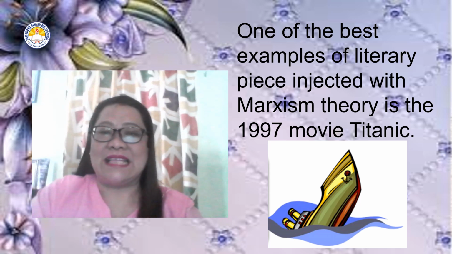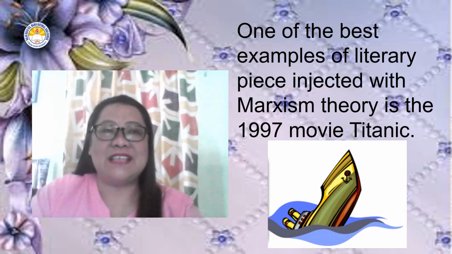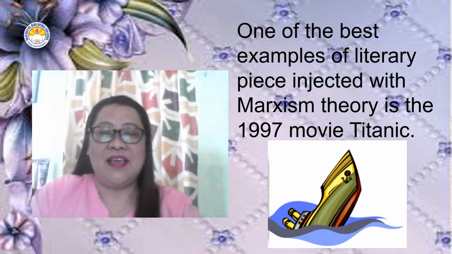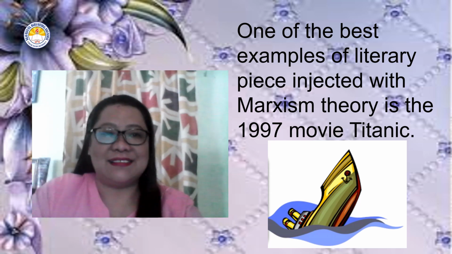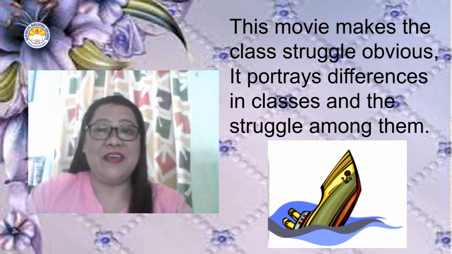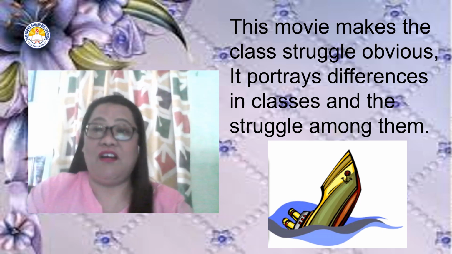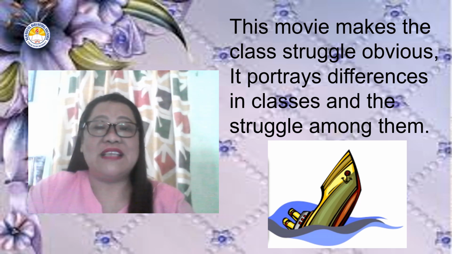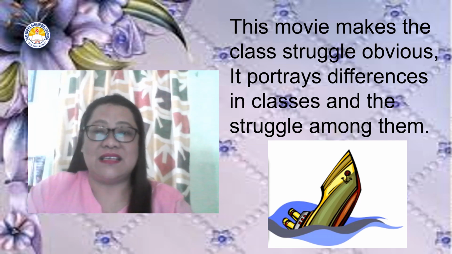One of the best examples of a literary piece injected with Marxism theory is the 1997 movie Titanic. This movie makes the class struggle obvious. It portrays differences in classes and struggle among them.